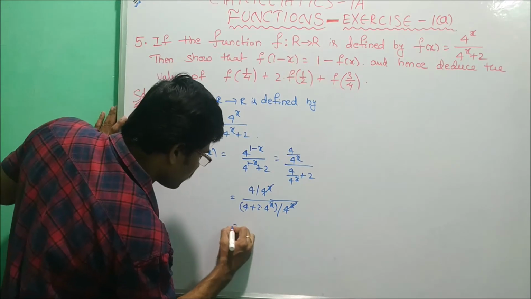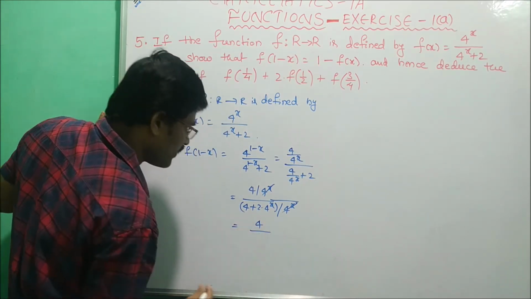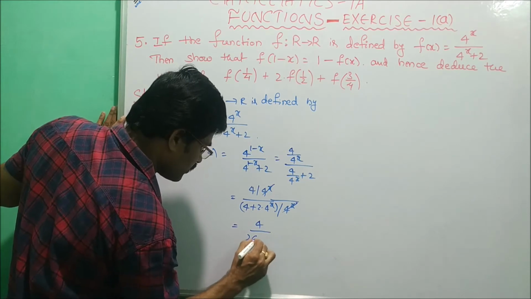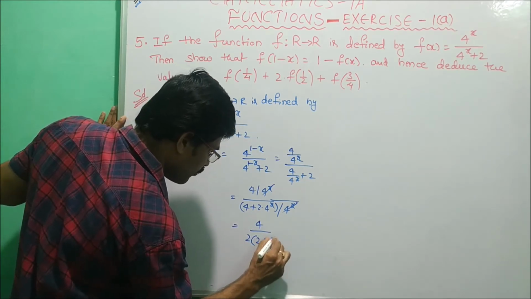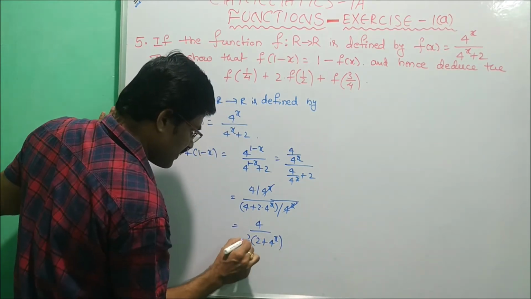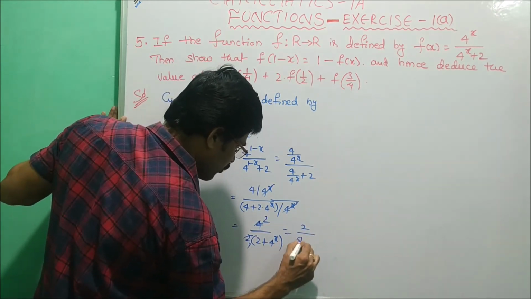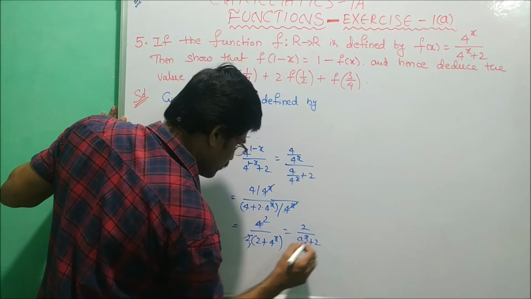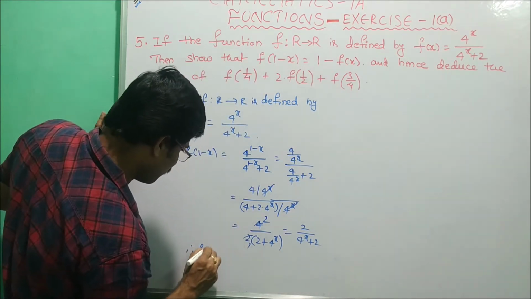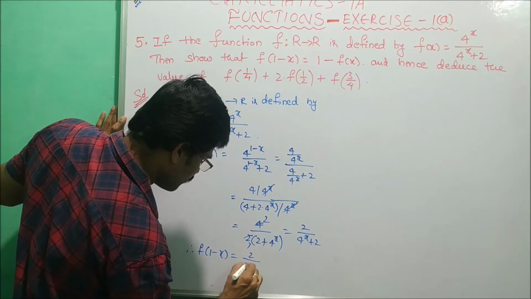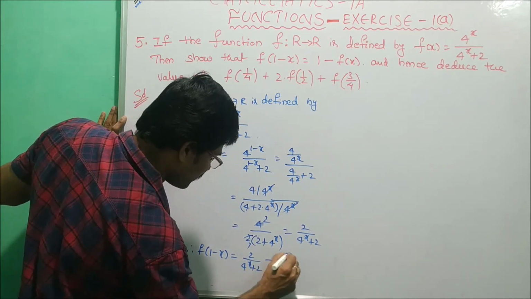The remaining values are 4 by, here we take common 2, 2 into 2 plus 4^x. Here cancel with 2. 2 by 4^x plus 2. Therefore, f(1 minus x) equals 2 by 4^x plus 2, which is equation 1.